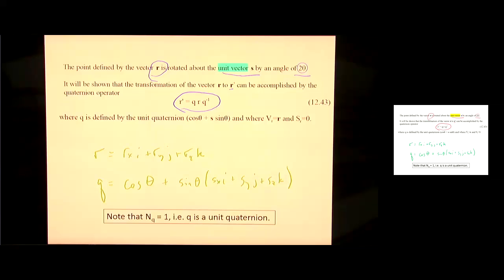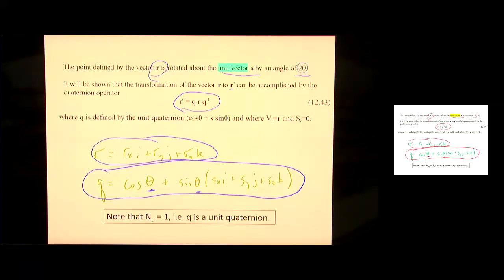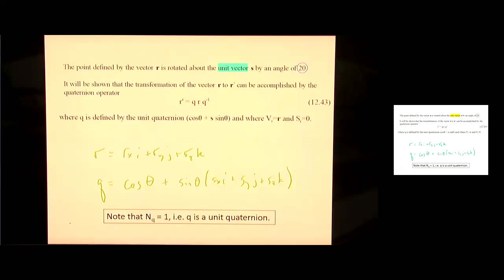So we're going to define Q, and again, this is half the angle of rotation. And R is a quaternion we're going to define based on the coordinates of that point. Q was a unit quaternion, so that was cool. So that's our problem statement, and we're just going to brute force this.